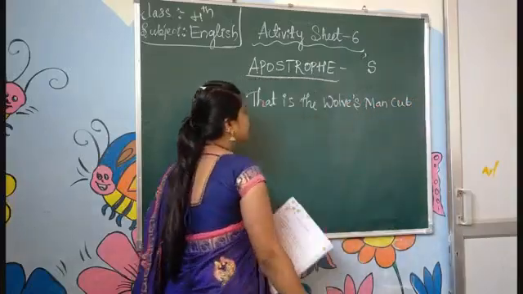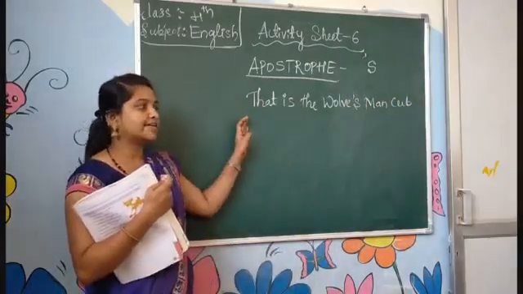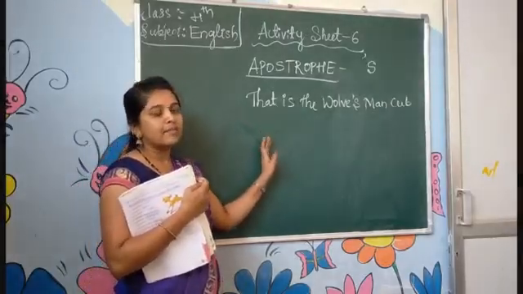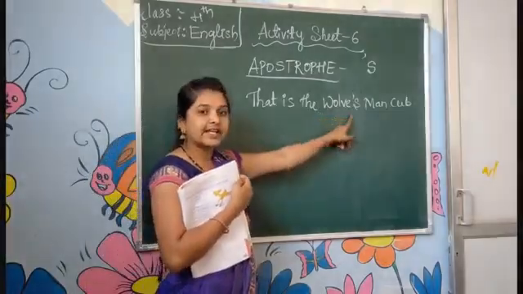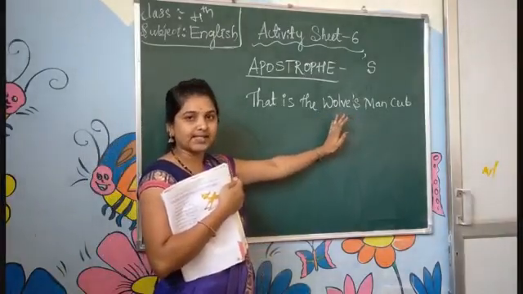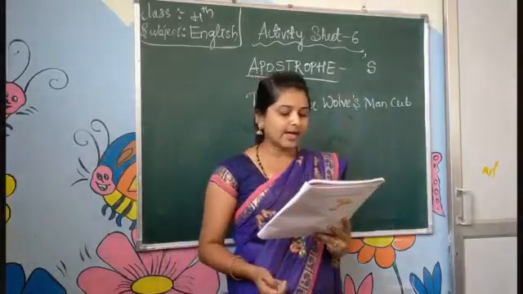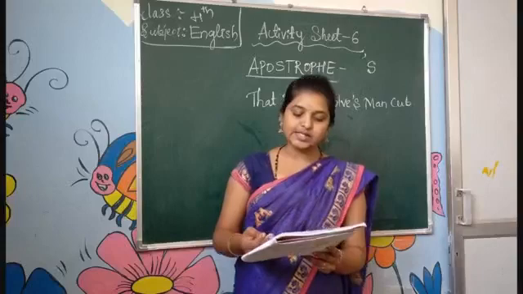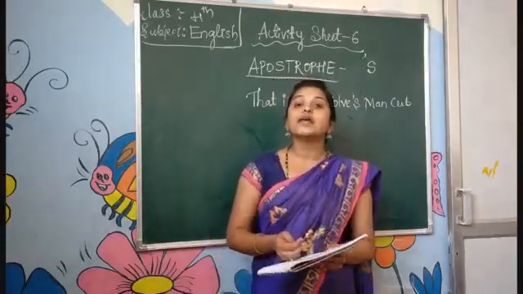So here the meaning is also given and the sentence is also short. By adding the apostrophe, we avoid making the sentence lengthy. Yes. Okay. Here they have given some sentences. You need to rewrite the sentences using the apostrophe.